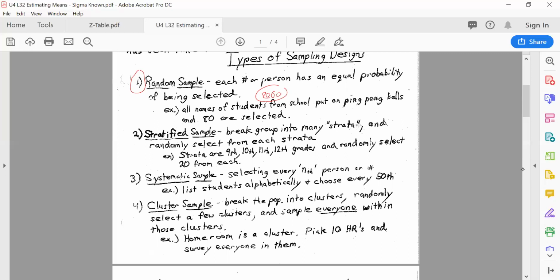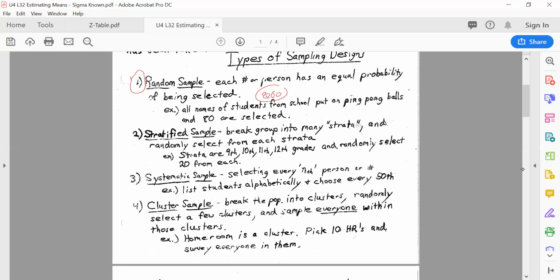So what about a stratified sample? A stratified sample says break the group into many strata and randomly select from each strata. Strata is just a fancy way of saying a group, subgroup. Let's say that our strata are 9th, 10th, 11th, and 12th graders. Suppose I want to get an indication of how people feel during this unique time.